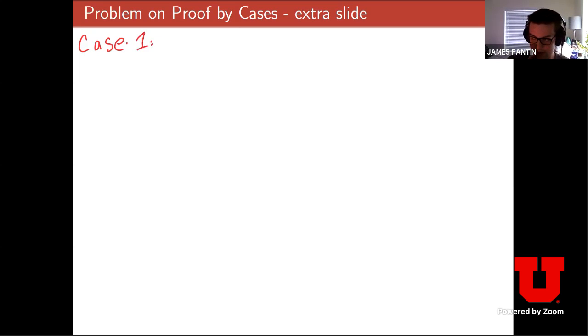For case 1, we want to say that the remainder is 1. In other words, that n is equal to 5q plus 1 for some q that's an integer. And we're getting this just from the division theorem that we just wrote on the previous page.